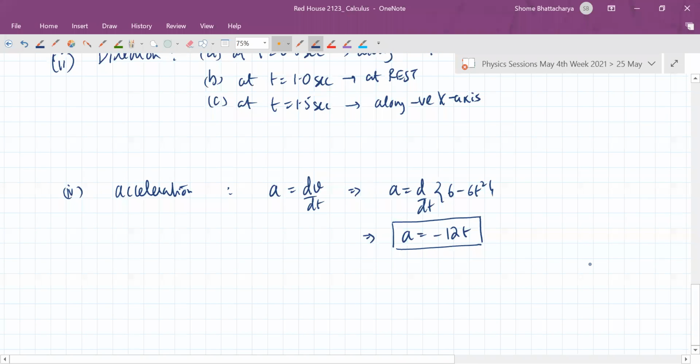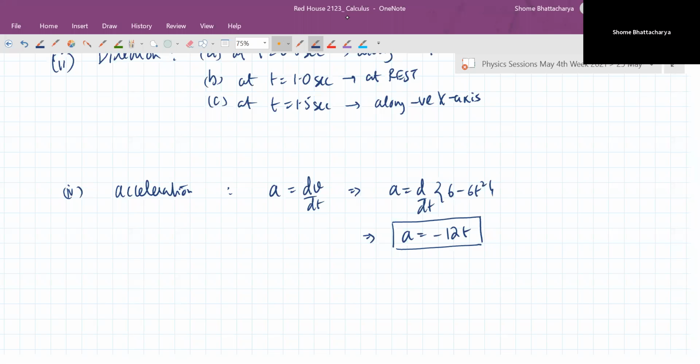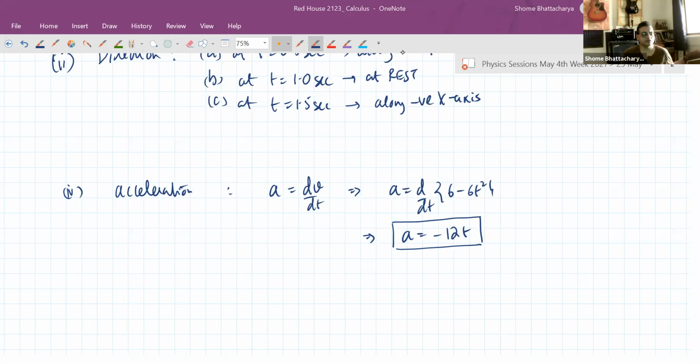But when we move on to the chapter of kinematics after calculus this time, you will see that we'll deal with many such situations where the acceleration is what we call non-uniform or variable. Okay.